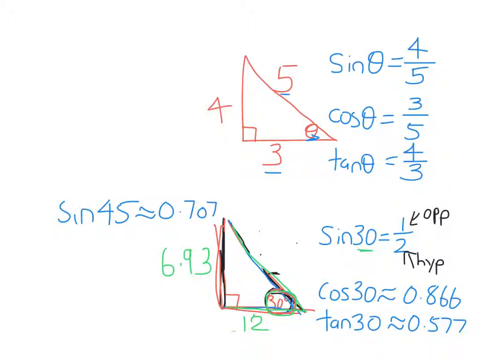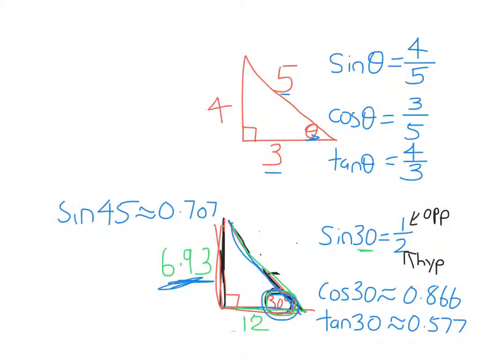So sine is the ratio of the opposite side to the hypotenuse. So if the angle here was 45, this opposite side would be about 70% of the hypotenuse. That's what we're saying here. If you know the value of the angle, the ratio of the sides is fixed. You can use your calculator to find the value of the ratios of sides, and we can use that to find unknown sides.